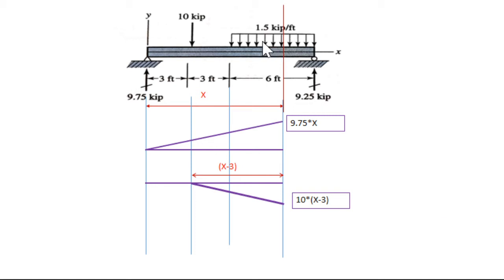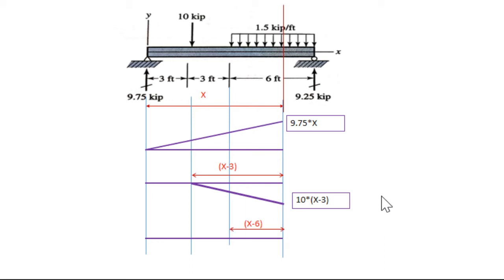Finally, we have this 1.5 kip per feet load, as we have fixed support here. So we have to take only this portion, and this load starts from here. And this is a uniformly distributed load. As you know, for a uniformly distributed load, the moment diagram will be a second degree curve.